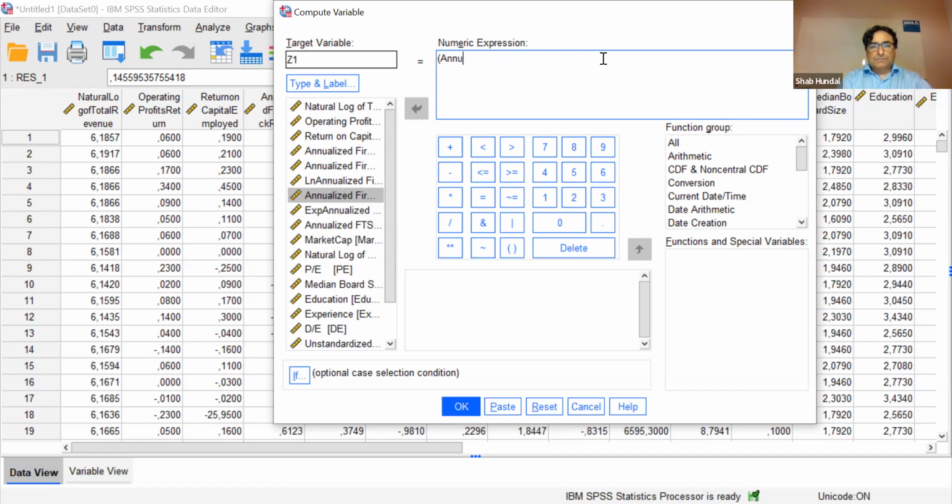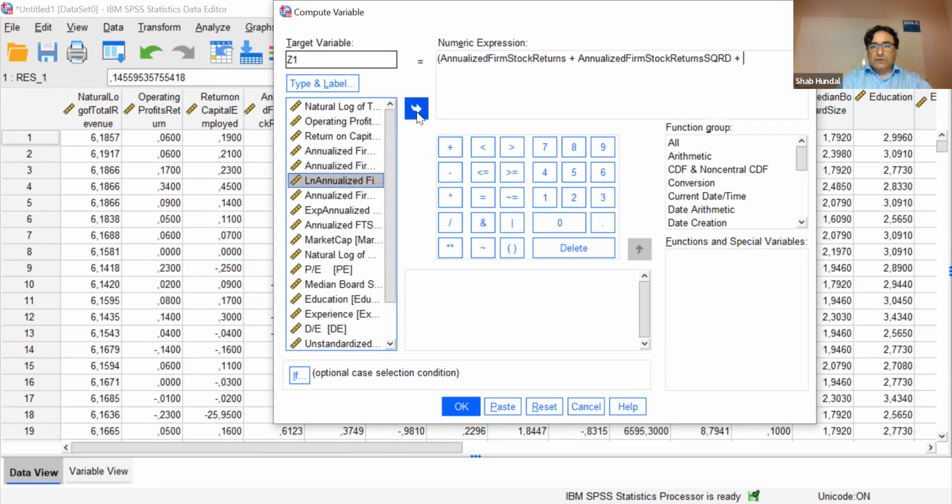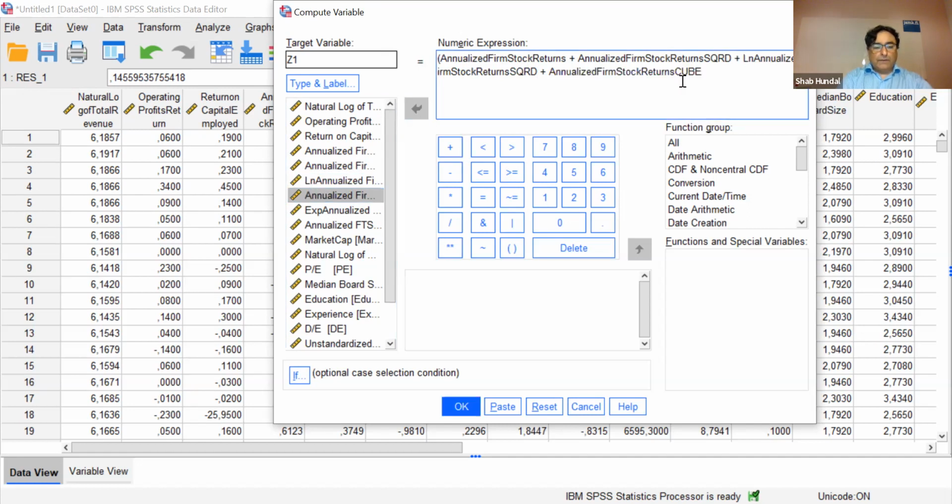Sorry, let me do it again. Annualized firm stock return, and then plus. The next one is annualized firm stock return squared, and then plus. Then the logarithmic annualized stock return. And as I said before, I gave you a disclaimer that please assume that these are different variables. And the annualized cube, and then divide by 4, because these are 4.